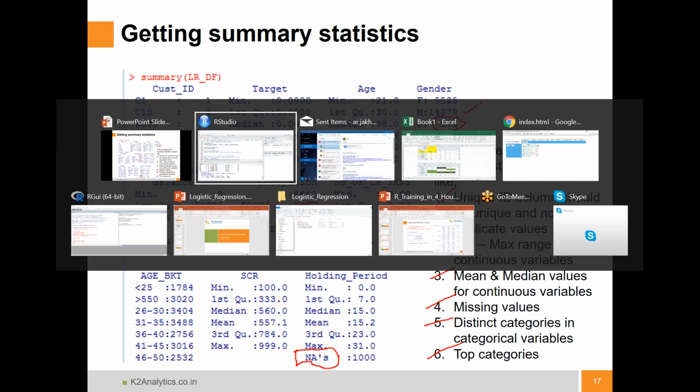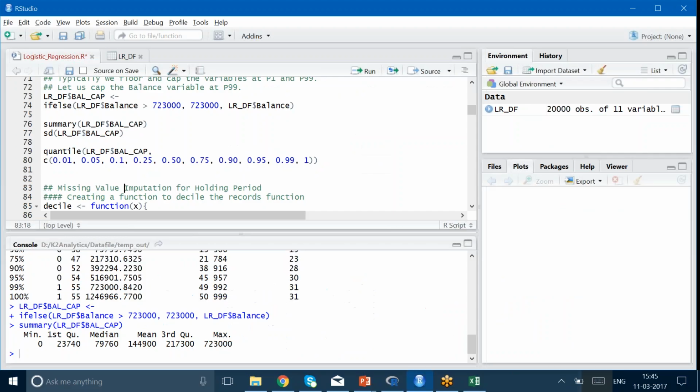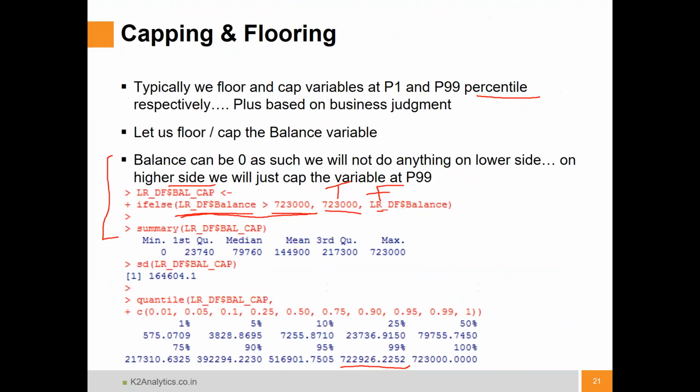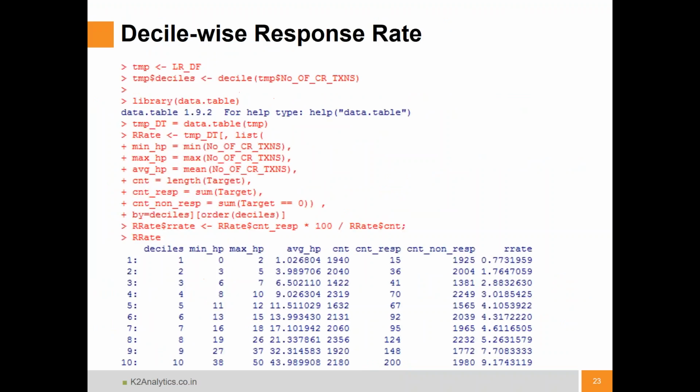Let us run some code. Based on holding period, I'm going to create deciles, and for each decile I'm going to see the response rate, then check the response rate for the missing category, and accordingly put them in the appropriate one.